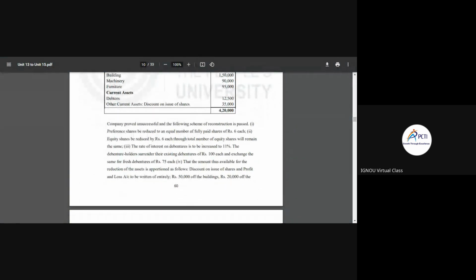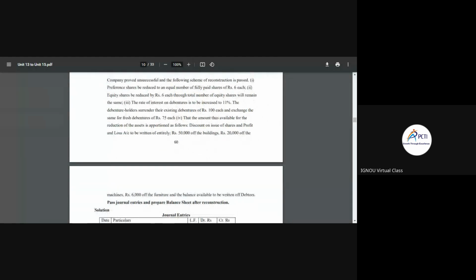additional information that the company proved unsuccessful and the following scheme of reconstruction is passed. First of all, preference shares be reduced to an equal number of fully paid up shares of rupees 6 each. Second, equity shares to be reduced by rupees 6 each though the total number of equity shares will remain the same.